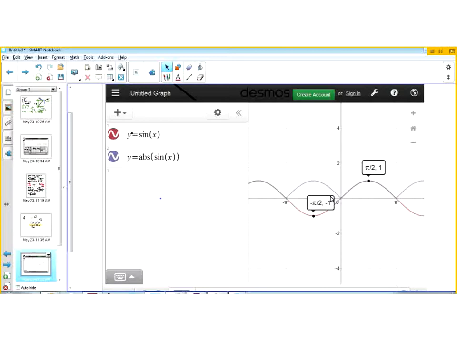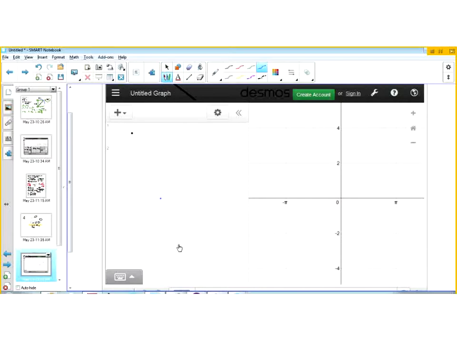So let's talk about the graph of y equals negative sine 2x. Okay, so let me delete this. So the work to be done here is y is equal to negative sine of 2x.